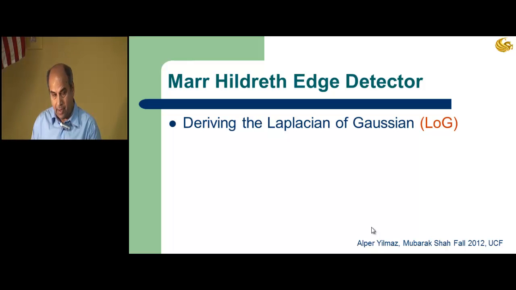Now how do we derive the expression for Laplacian of Gaussian? The interesting thing about convolution is that we can do this several ways. One is that we can take an image I and apply a Gaussian filter, which is shown here. Then we get the result and take the Laplacian of that.